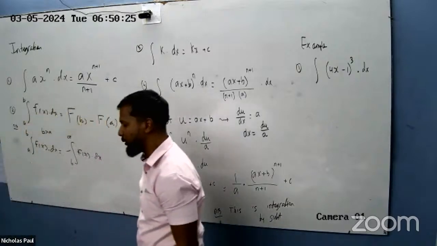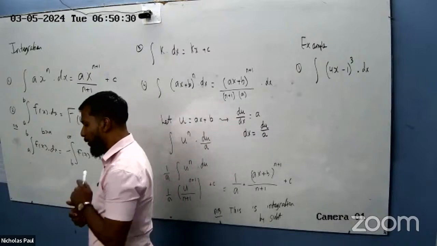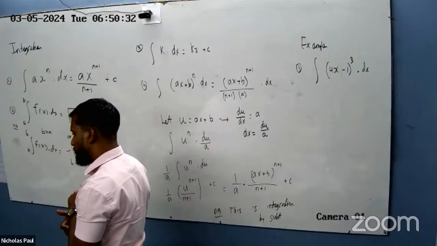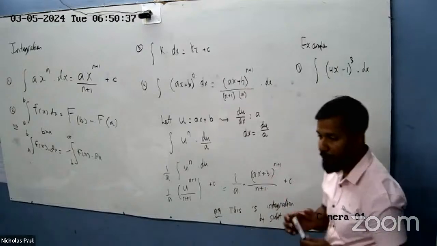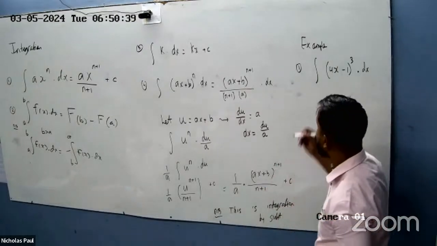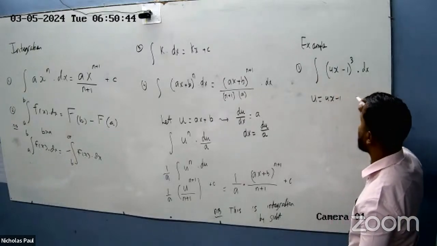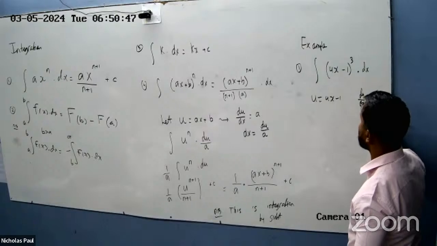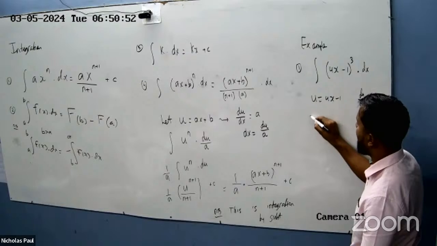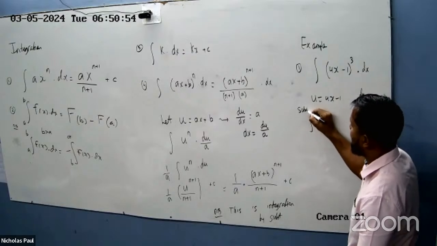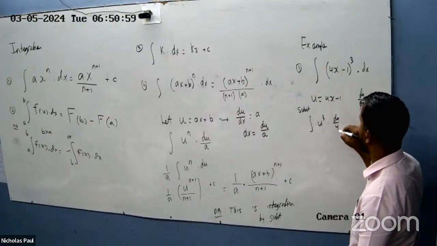So you'll end up with u is equal to 4x minus 1. du/dx is equal to 4. So now when you substitute, you'll get the integral of u cubed du over 4.